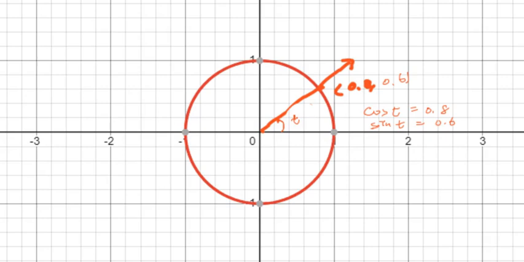The x value is called cosine of the input. So your angle is like 50 degrees or 60 degrees or 70 degrees or 90 degrees. That gives you 0.8, the output. The y value, the vertical distance, is your sine function. So that is how you define the unit circle.